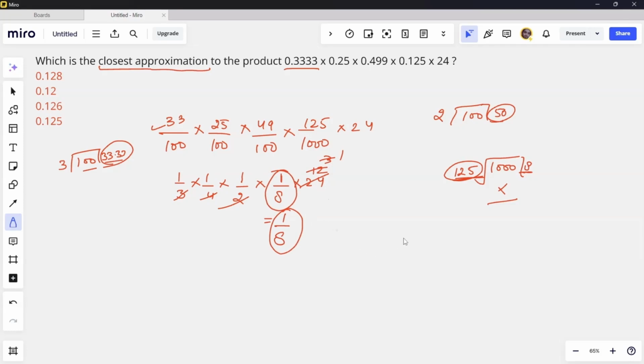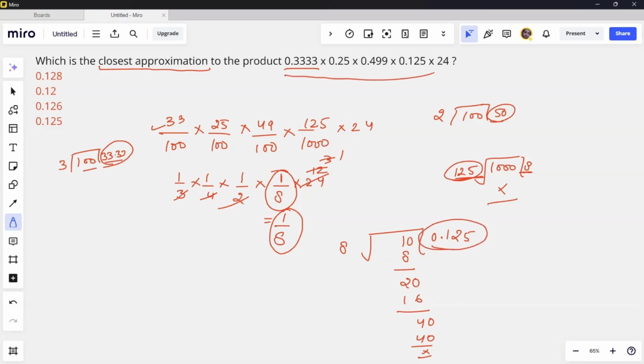If I divide 1 by 8, it will become 0.1. 8 1s are 8, it will become 2, and I will write 0 here. 8 2s are 16, it will become 4, and I will write 0, and 8 5s are 40, and it is completely divisible. And as you can see, this is the closest approximation of these numbers. So the fourth option is the correct option. Thank you.